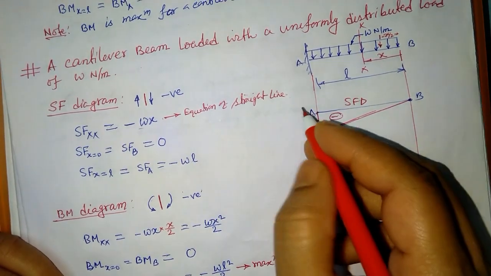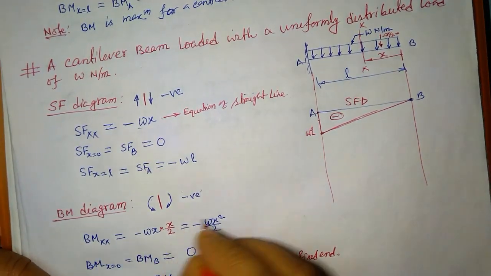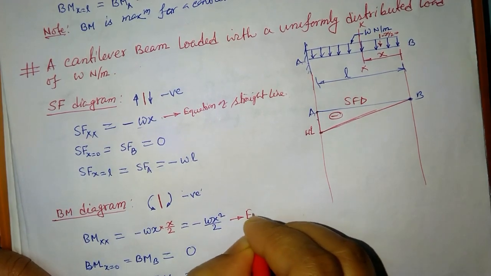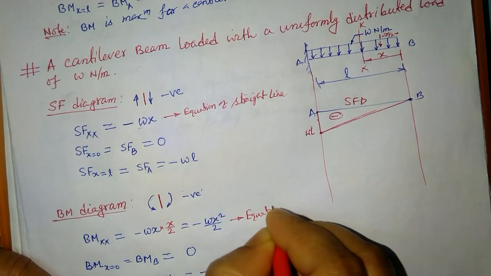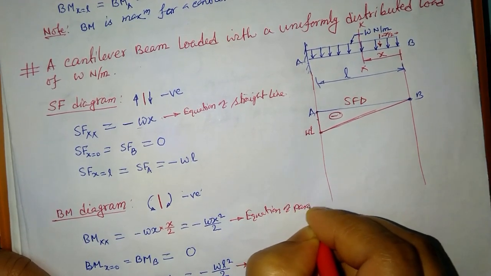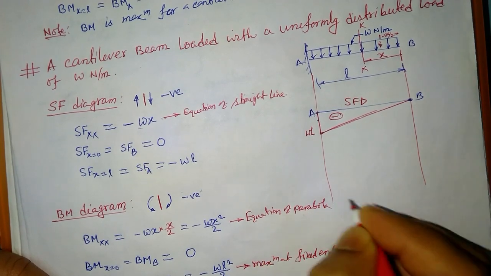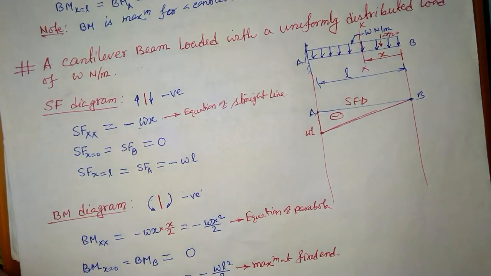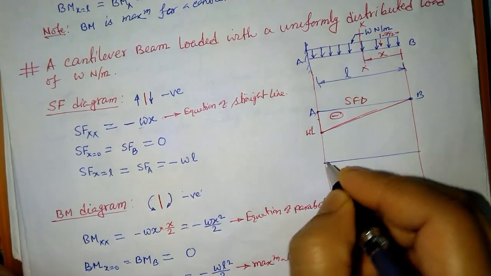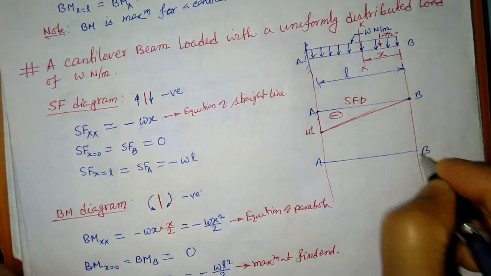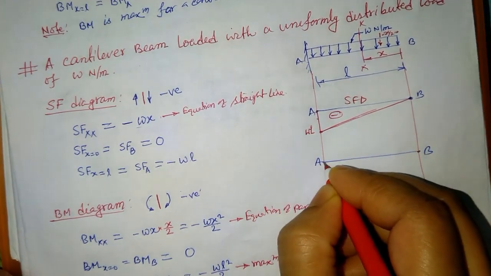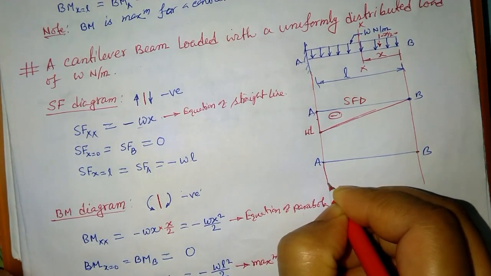Now for this bending moment, what is the equation? This is the equation of a parabola. So next will be the equation of parabola. Now we have A and B. At point B the value is 0, and at point A we have how much?